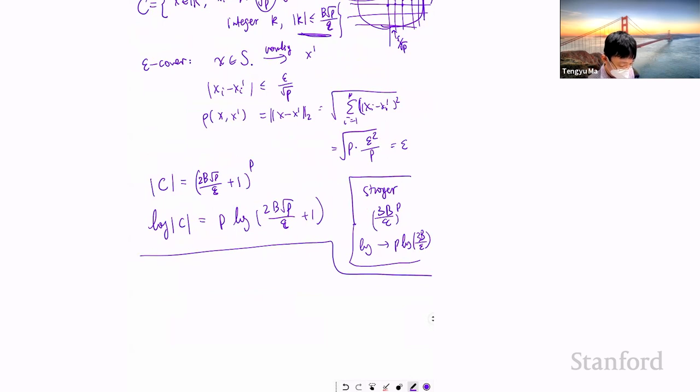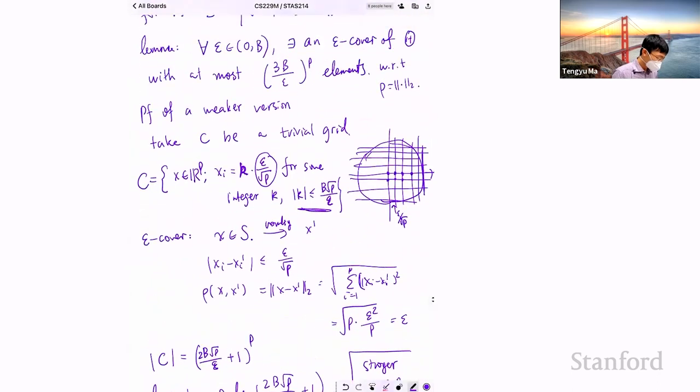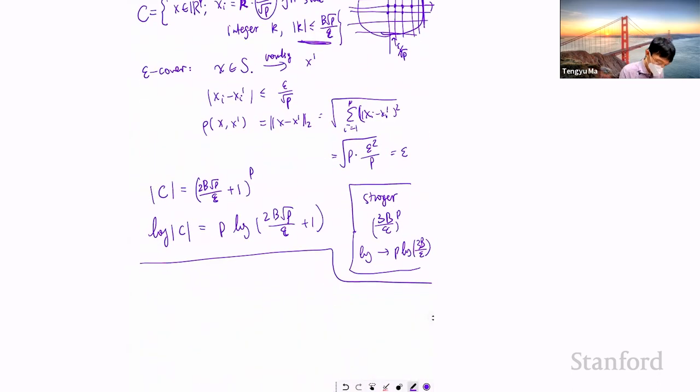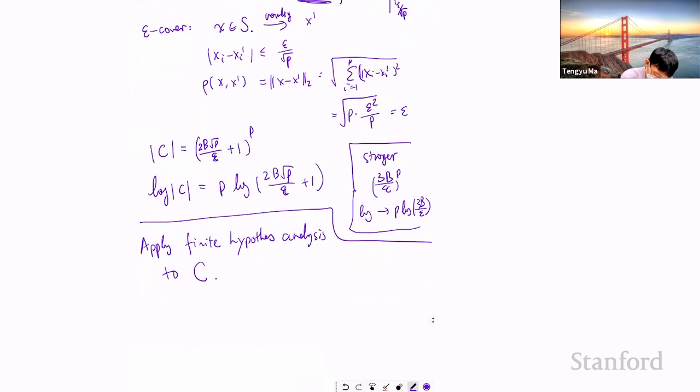And now let's use this lemma and the epsilon cover to prove the final bound. As we planned, what we do is that we first apply the finite hypothesis analysis to C. This is number 1.